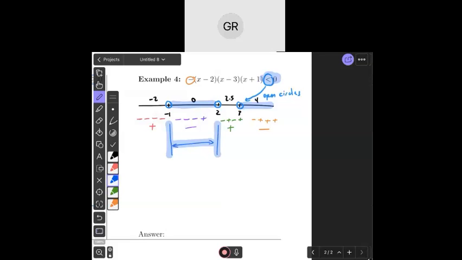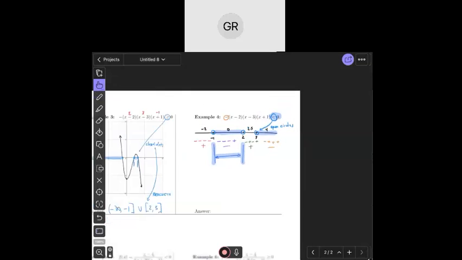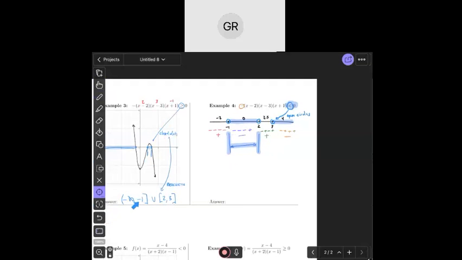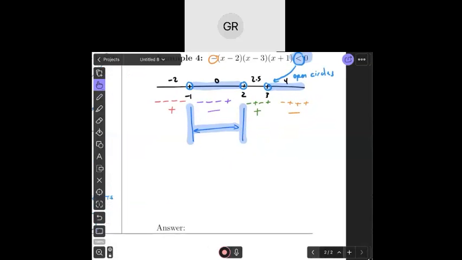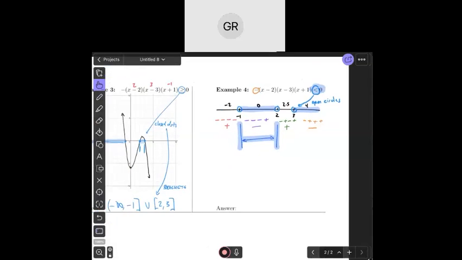Like what sign it would have? How would we write it? What's our interval notation there for that? We plugged in 0, right? Yep. But okay, what we need is this, right? How do we write our interval notation?